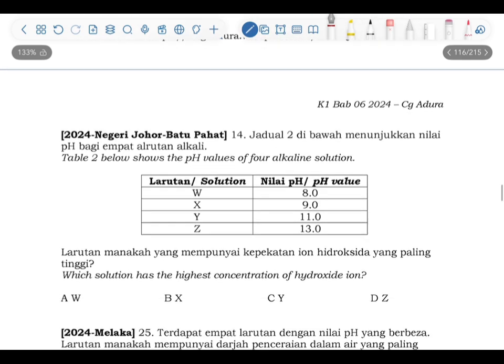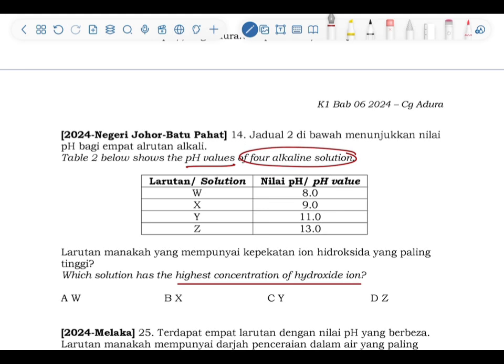Next, Table 2 shows the pH value for 4 alkaline solutions. So it means that W, X, Y, Z are alkaline. Which of the solutions has the highest hydroxide ion concentration? So for sure we can already cancel out X and Y, right?